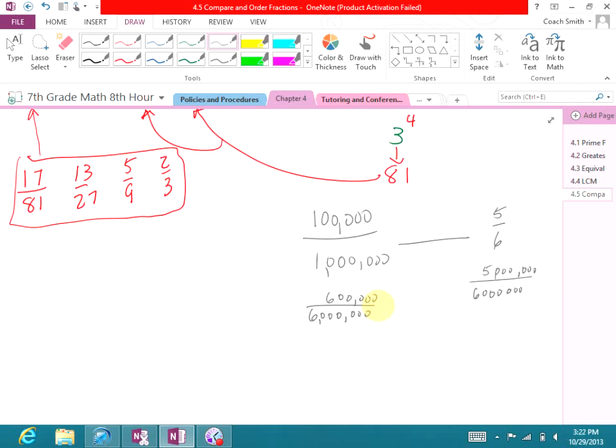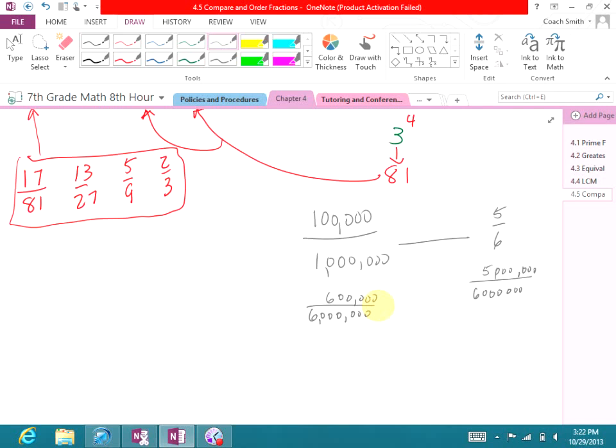It's going to have to be in the 60 range to be close to this. So it doesn't matter that the fraction has a bigger number on bottom. It's the overall fraction, how close the top number is to the bottom number.